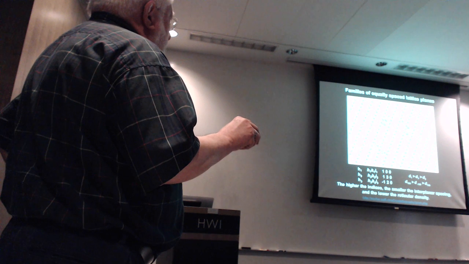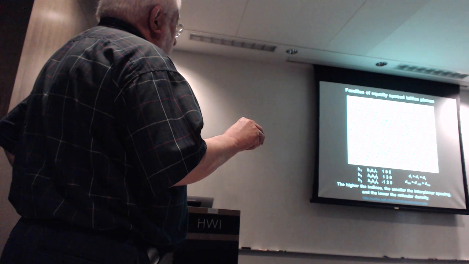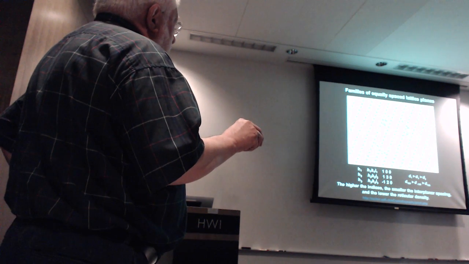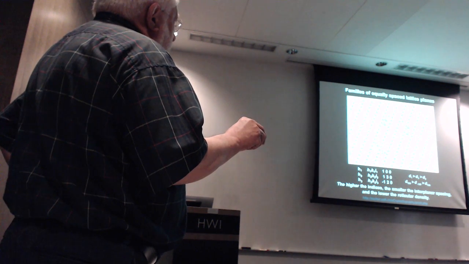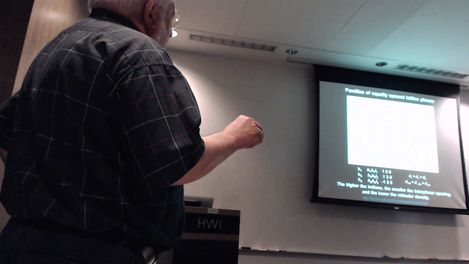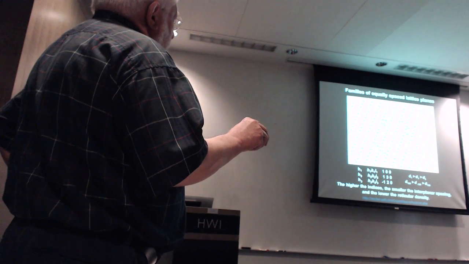Well, the second member of this set, if we take this lattice plane as an origin, the second member cuts the A direction at unit repeat, but then it cuts the B direction at half unit.